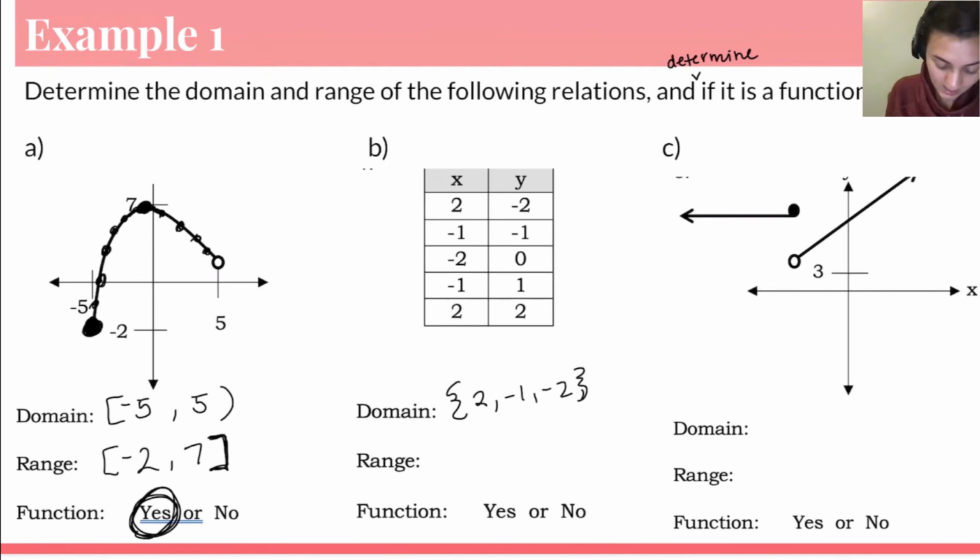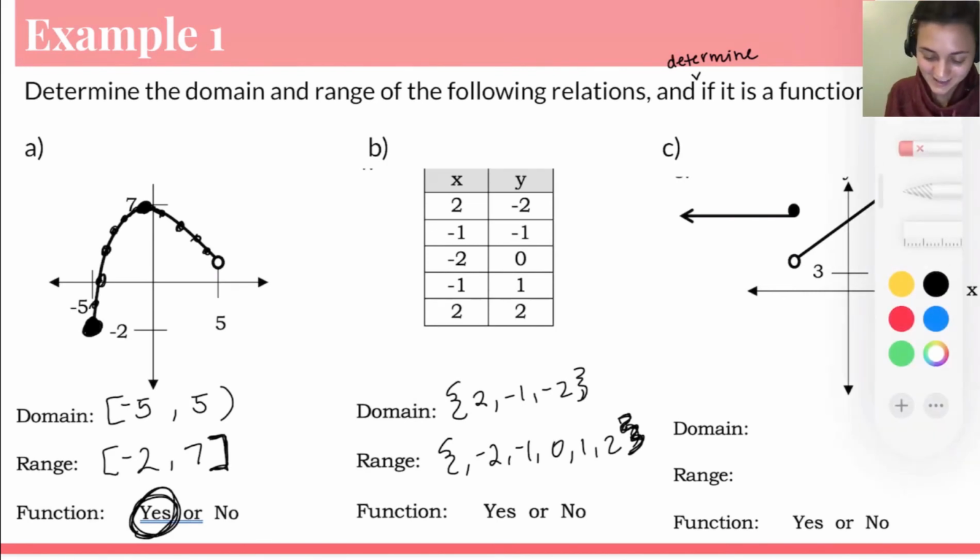And then the range, I have -2, -1, 0, 1, and 2. I'm going to use my curly brackets. They're kind of hard for me to do. So then I need to determine, is this a function?